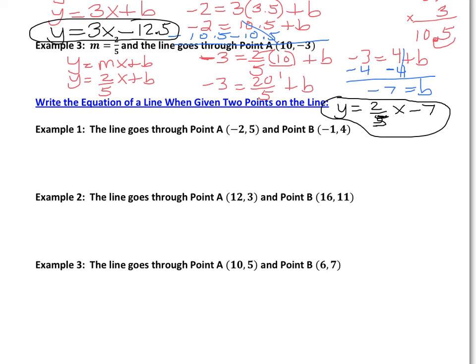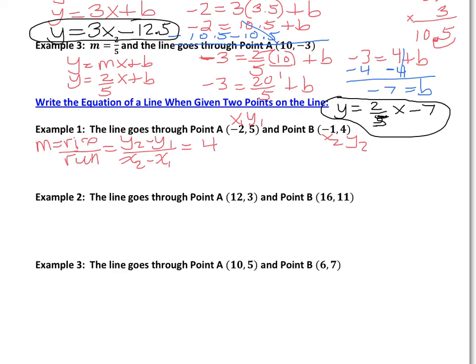So first things first, we want the slope. We know that the slope is rise over run, and that is the change in the y-coordinates over the change in the x-coordinates. So substitute: y2, y1, x2, and x1. Okay, so here we go.